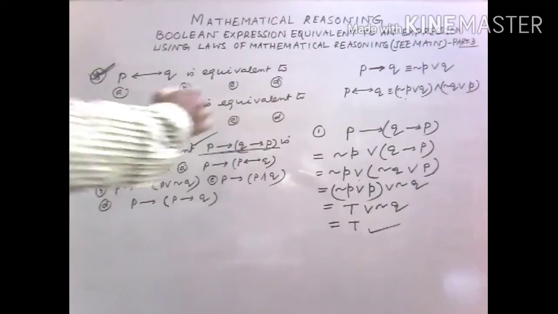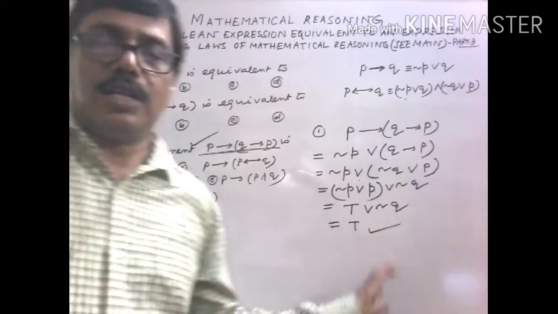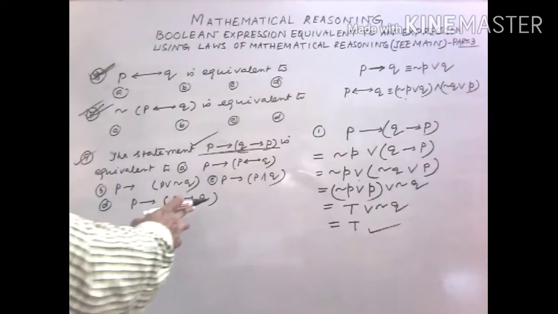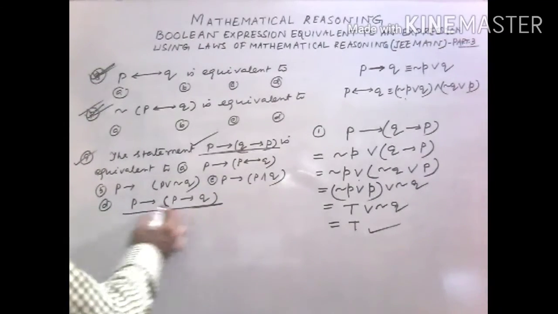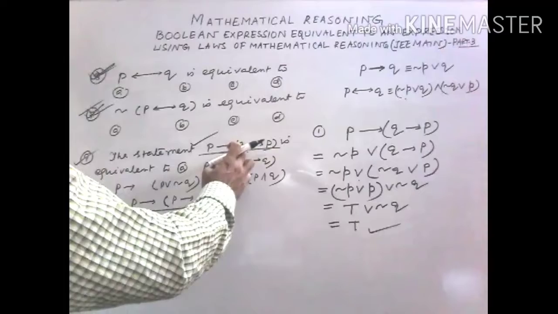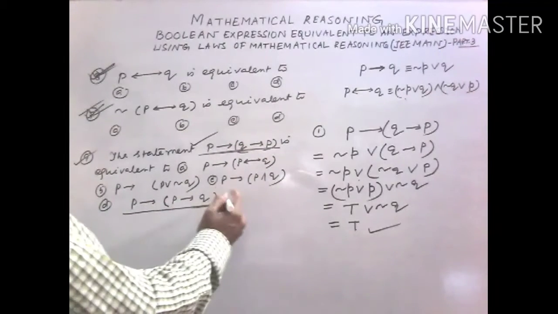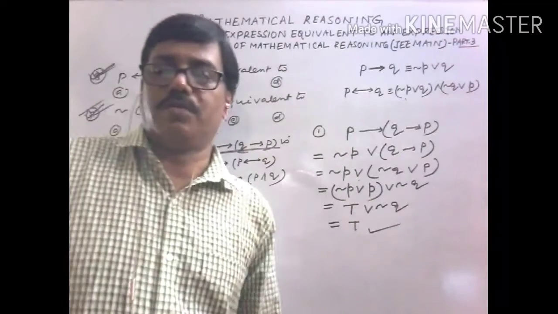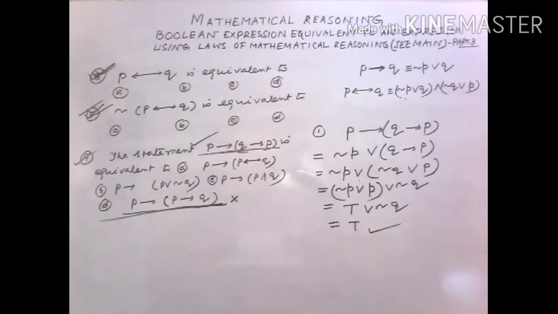Now we have to see the options, 1, 2, 3, 4. Look, option D is not possible because P arrow Q arrow P is not equivalent to this. So by inspection we can say this is not a possible option.